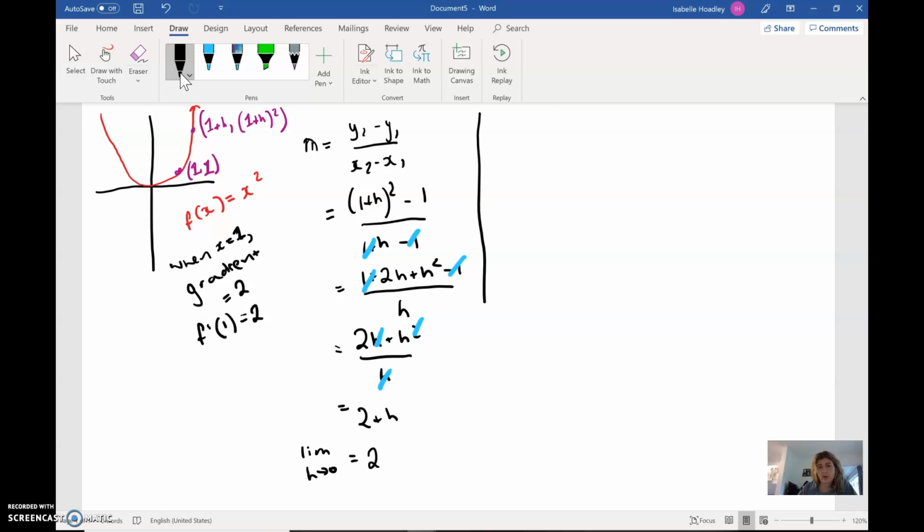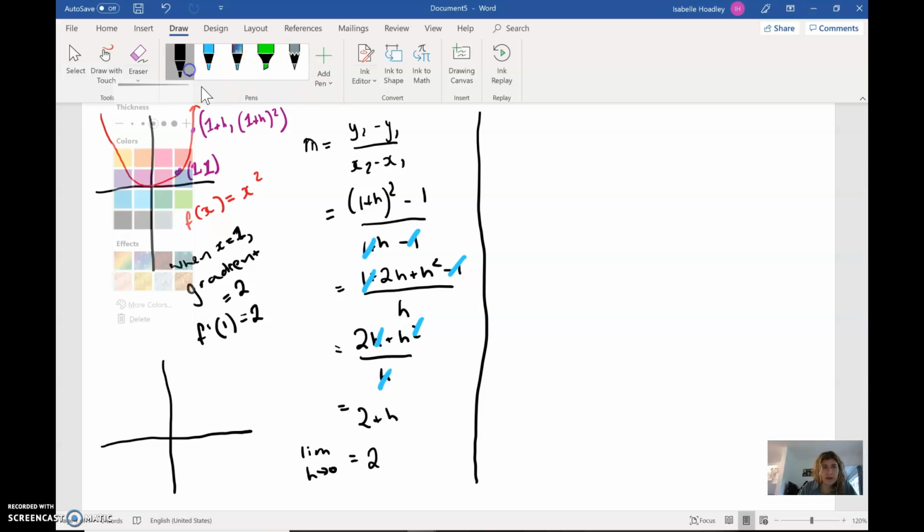What we want to be able to do though is this only tells us our gradient or our derivative at that point 1. It doesn't let us find the gradient for any other point on our line. So if we want to find the gradient at any other point, we just have to make this a little bit less specific in terms of picking that point 1.